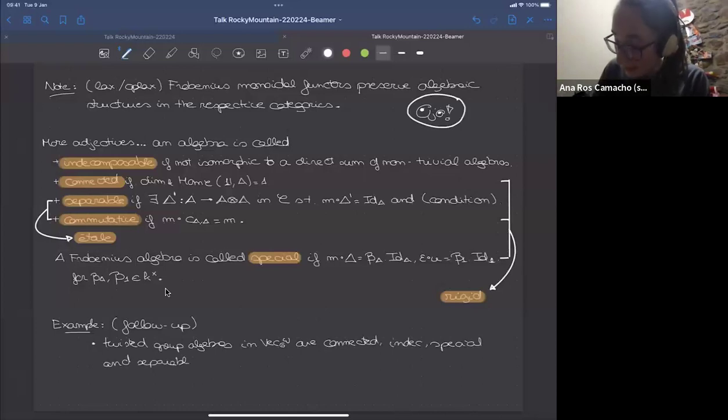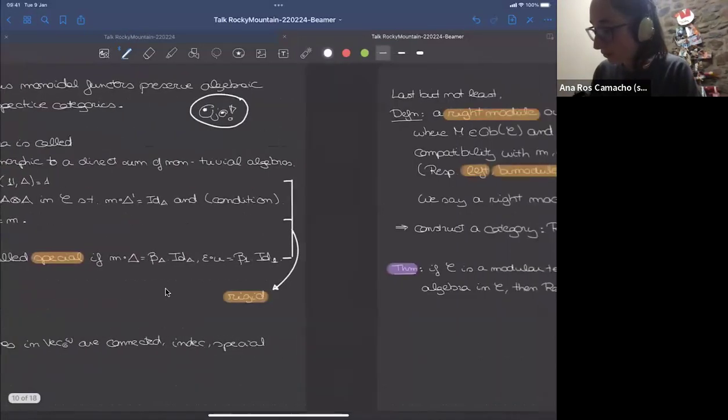And if you remember the twisted Hecke algebras I mentioned at the very beginning, they are also indecomposable, special, and separable, but not connected. If you're curious, see our paper.